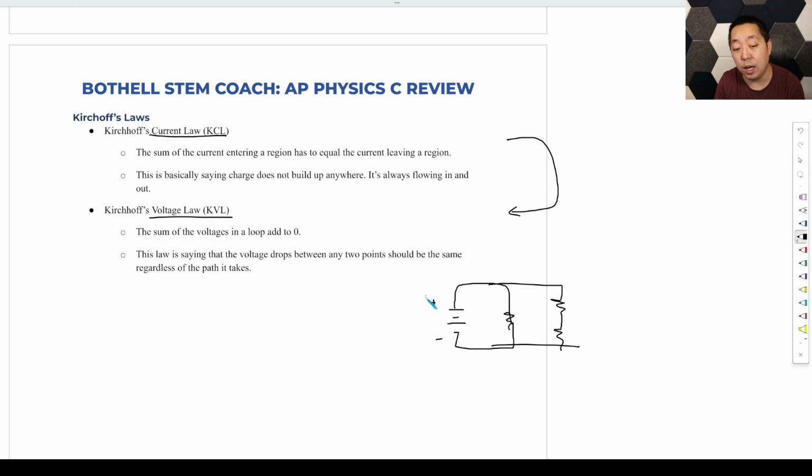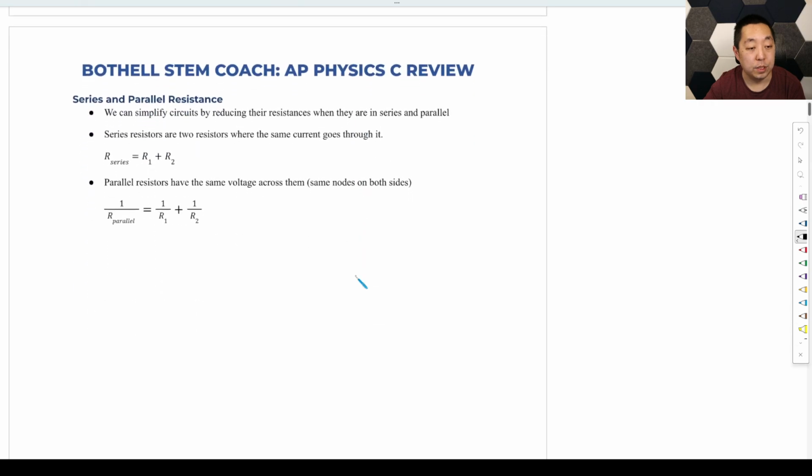Anytime you go from negative to positive, you go up in voltage. Every time you go from positive to negative, you go down in voltage. And all the going ups and the going downs need to add to zero. We'll go through some examples as we do.